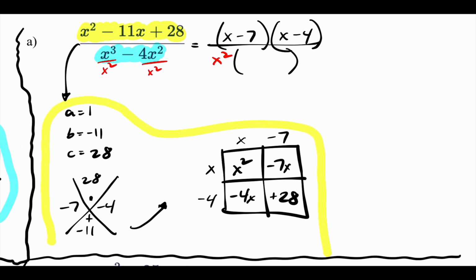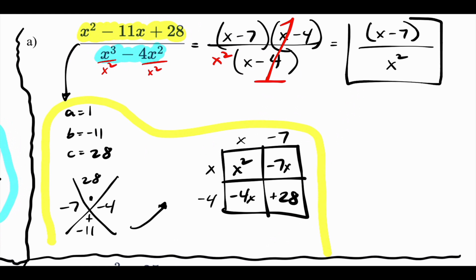Take away 2 powers, I get x to the first power. Take away 2 powers, no more powers. Minus 4. Those can cancel out. So I get x minus 7 over x squared. Okay.